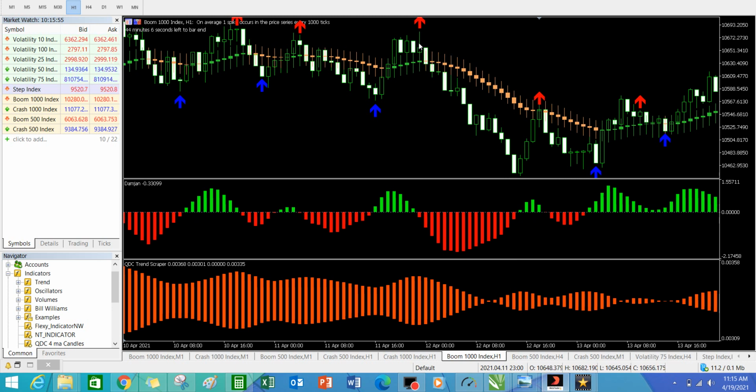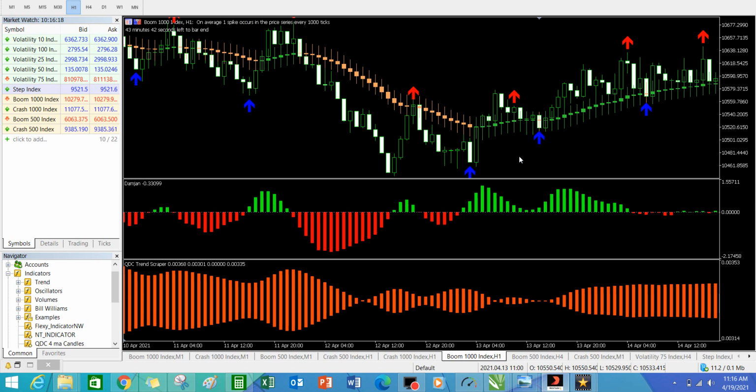If you are good with your TA, once you get an inverted hammer at the resistance level, it means the market is reversing at that particular point. It is not going to break that resistance level, so the market will reverse. That is what led to this. Can you see that?